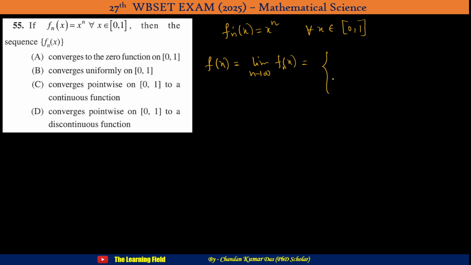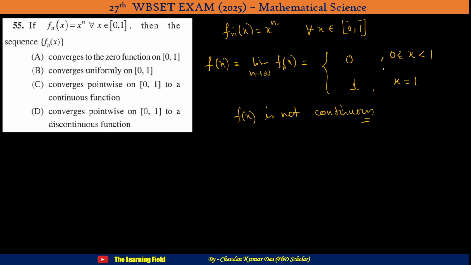For 0 less than or equal to x less than 1, the value is 0, and for x equal to 1 the value is 1 to the power n, which is 1. Therefore, this function f x is not continuous.